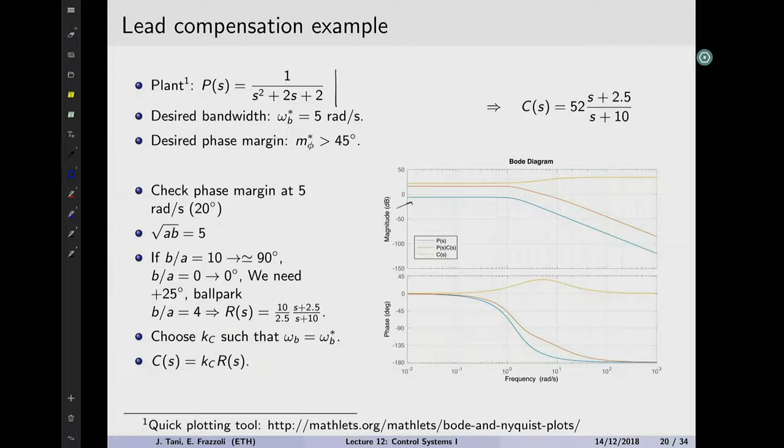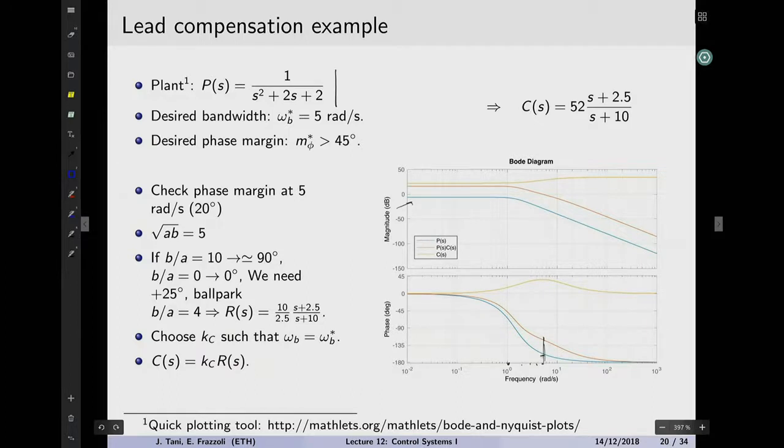So we have to go and check what the phase of this existing plant is at 5 radians per second, because maybe we already satisfy the requirements and we don't really need to do anything. So we need to go and look for 5. So this is 10 to the 0, 1 radian per second, 1, 2, 3, 4, 5. Remember, this is a logarithmic scale, so you count the ticks to have the linear increases. 5, so it means we are here, roughly.